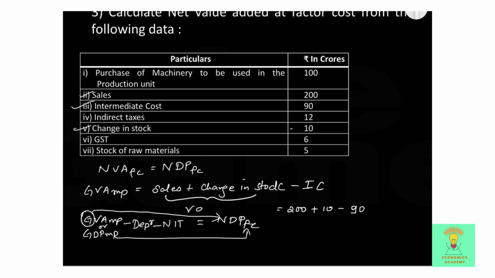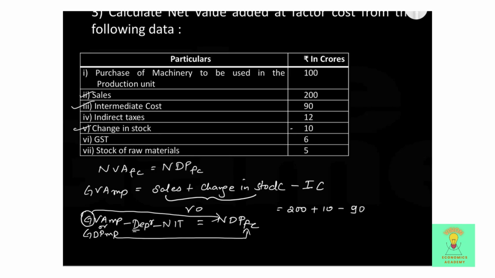Then minus depreciation. Depreciation is not given here, so we will not include anything. Minus net indirect taxes.